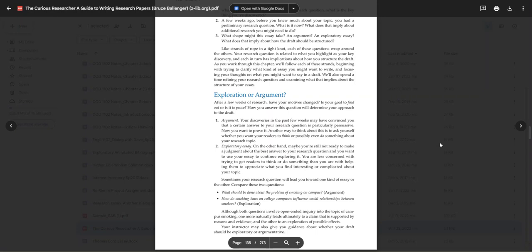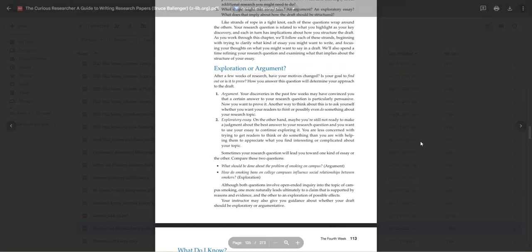On the other hand, we have the exploratory essay that Ballinger talks about, is where you may not be ready to make a judgment about your topic. You've assembled your source information. You are still trying to decide which way your particular topic would go, if in fact you want to create some sort of an argument. The exploratory essay format is where you really use the research question to shape your essay draft, your first draft.